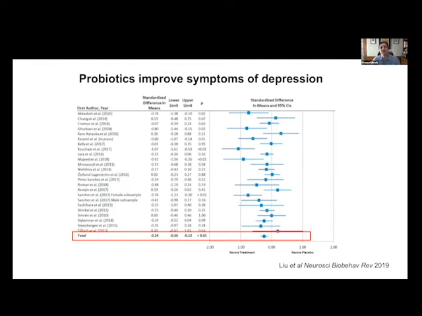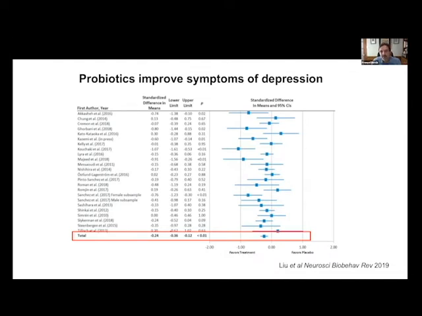Now, with respect to probiotics, this is a review which was focusing on symptoms of anxiety and depression. There is a long list of studies, and the overall conclusion is that probiotics improve symptoms of depression. I would like to caution that some of these studies used symptoms of depression as a secondary outcome.